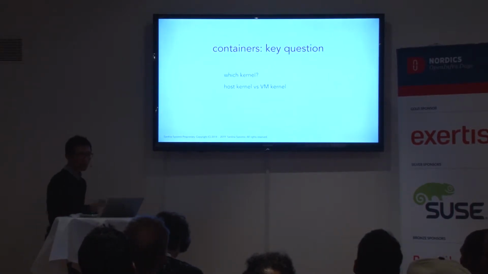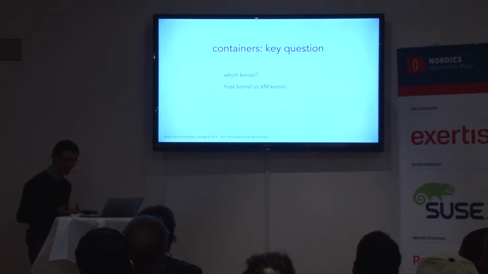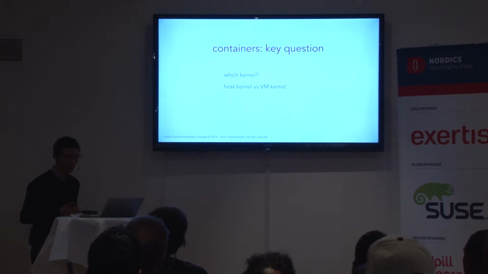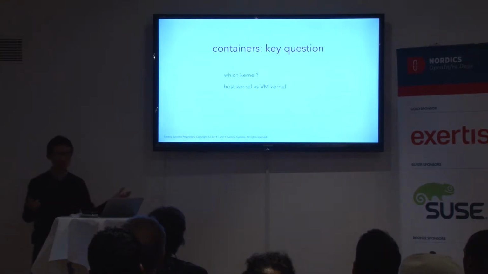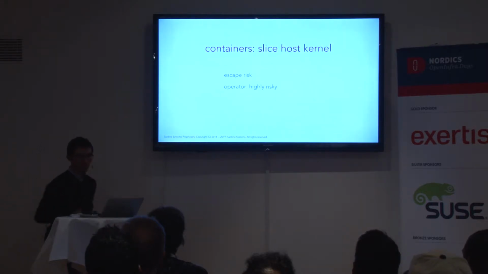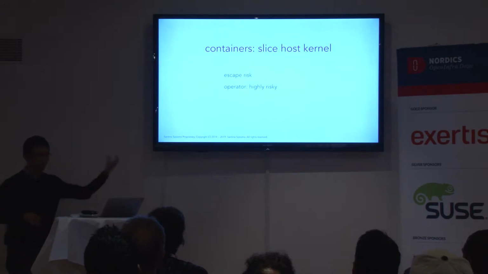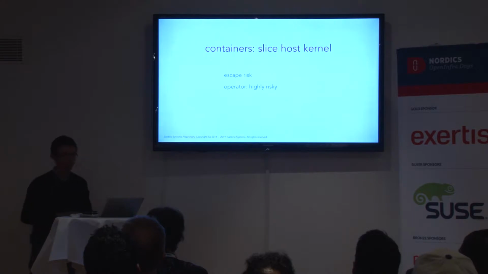Now, for containers, when it comes to how you run it, there's a key question. If it's a kernel slicer, which kernel? Is it the host kernel, or is it a VM's kernel? If you're going to slice a host kernel, yes, you've got to deal with a potential escape risk.